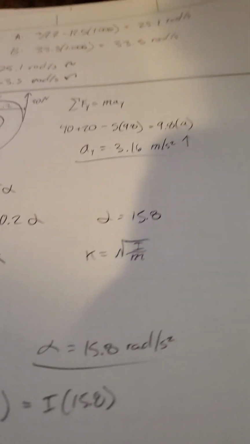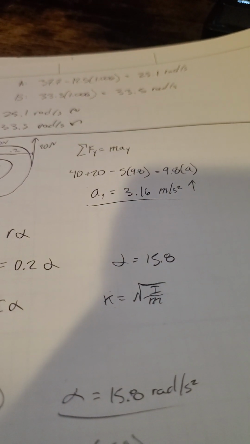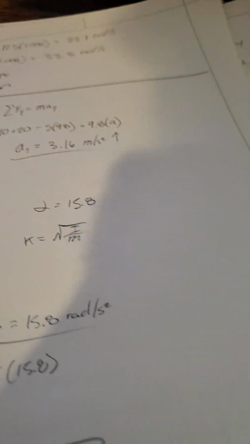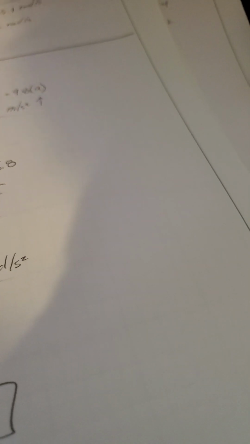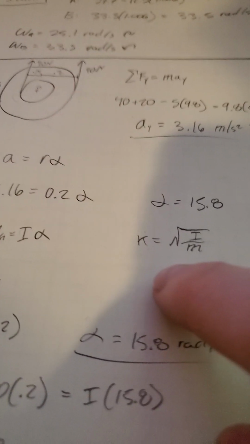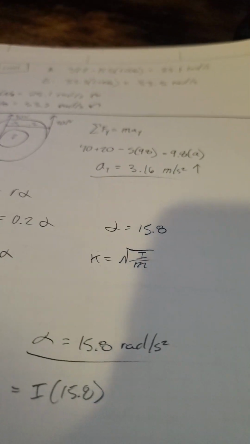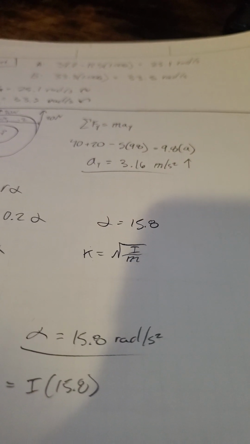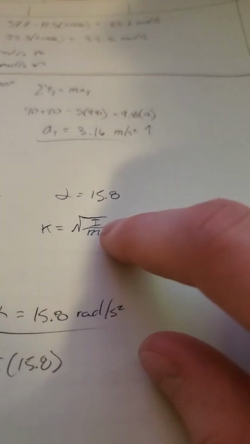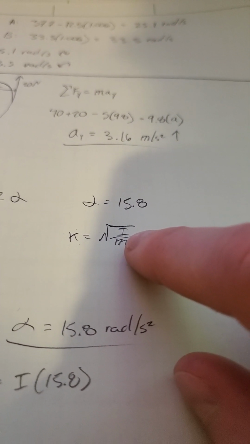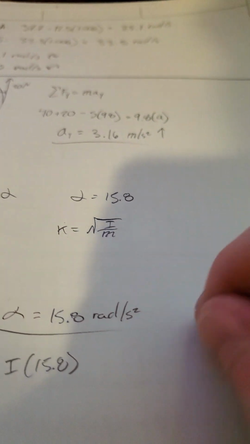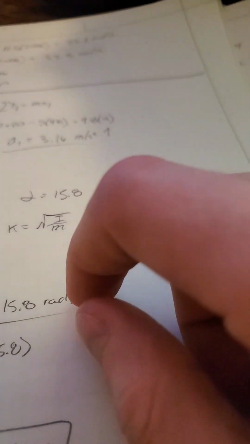So how I went around solving this one is we're ultimately looking for the radius of gyration. And we know that there's a couple ways to solve it. We know that the radius of gyration k equals the square root of I over m. It also equals the mass moment of inertia over mass.